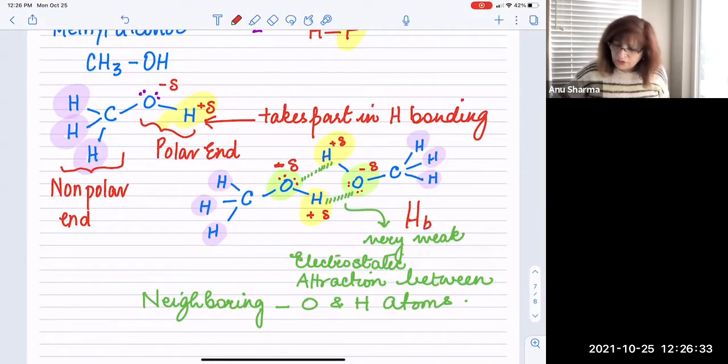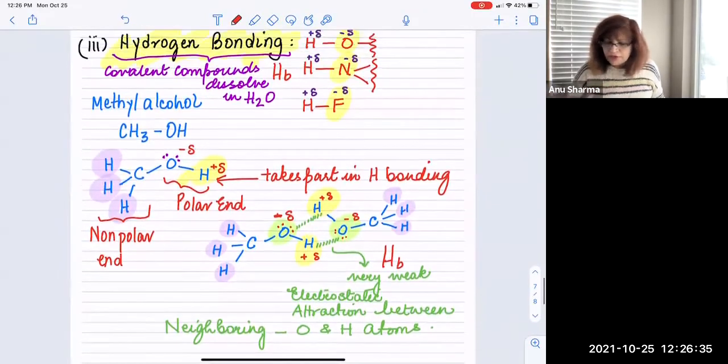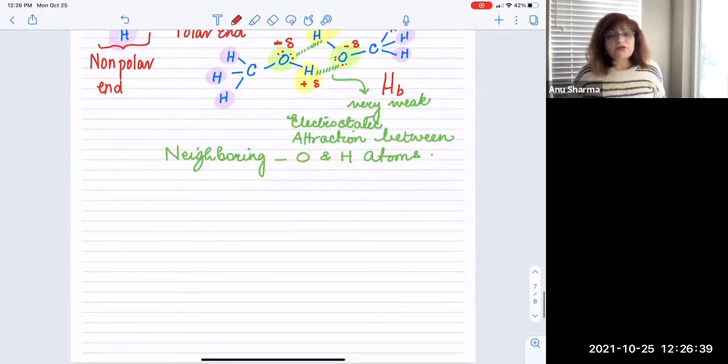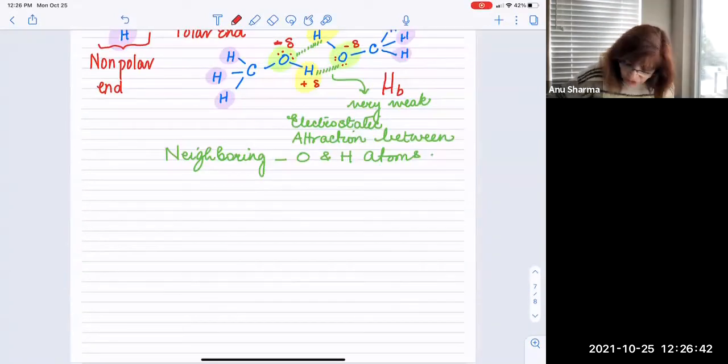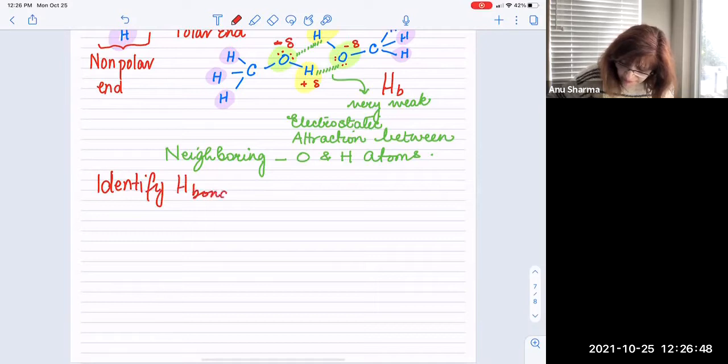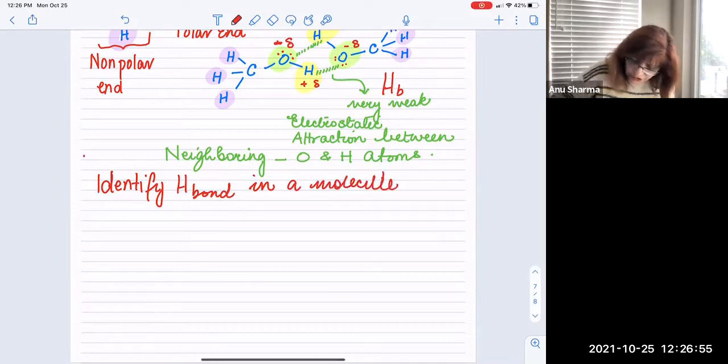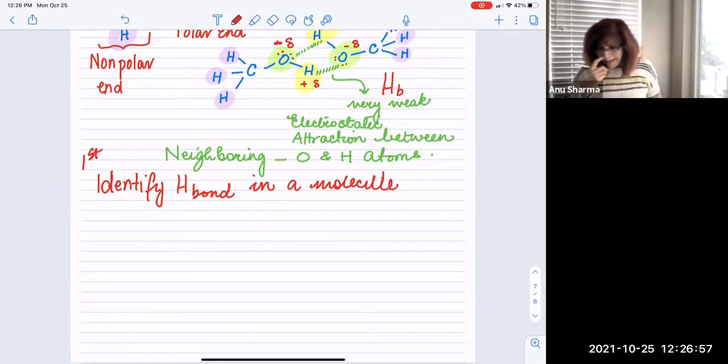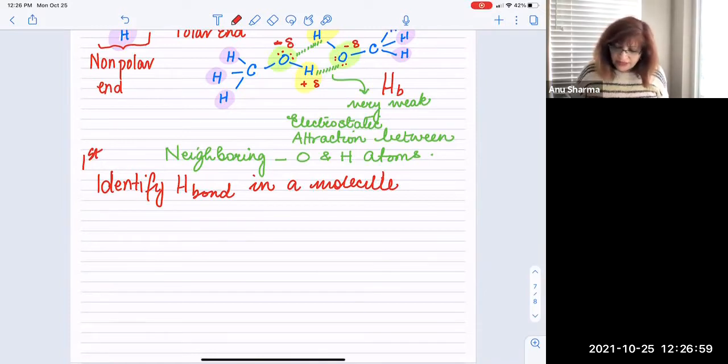Because of hydrogen bonding, you can figure this out: identify the hydrogen bonding in a molecule, and then go from there. First, identify the hydrogen bonding in a molecule, and then second, it will dissolve in water.